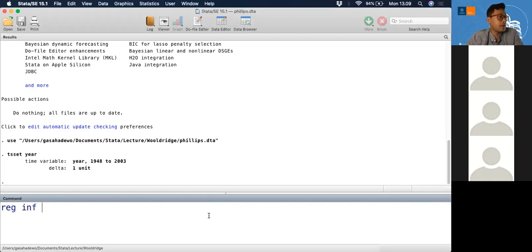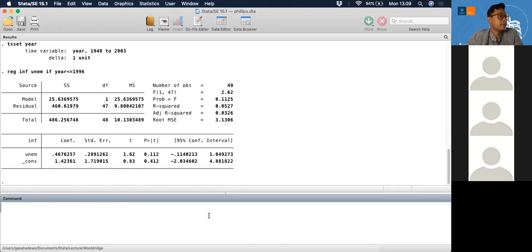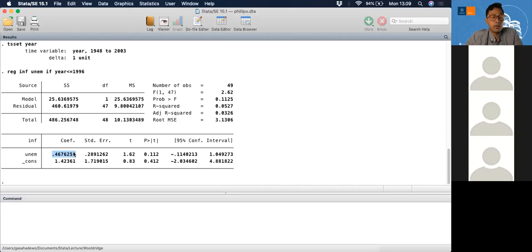If you regress inflation on unemployment for the beginning of the data set until 1996, the first thing that you'll notice is that the estimated coefficient is positive, which is quite different from what the theory posits. So this is an indication that maybe there is an issue with the regression specification.